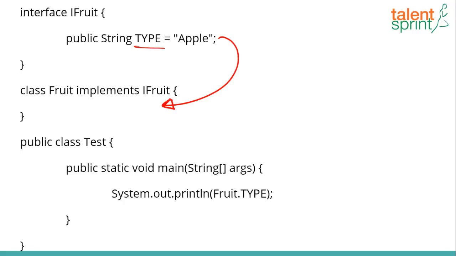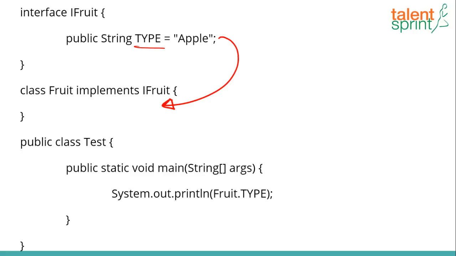All right. So Arnav, an interface is like an abstract class, but in the case of an interface, all the methods inside the interface are abstract. In the case of an abstract class, there can be methods which are not abstract as well. But in interfaces, all methods are abstract.